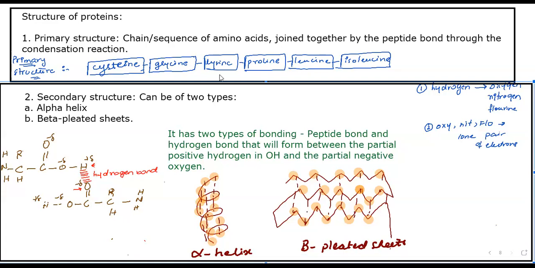So there are certain proteins for which the maximum level of complexity they will give you is just the secondary structure, that's it. They won't give you the next level.